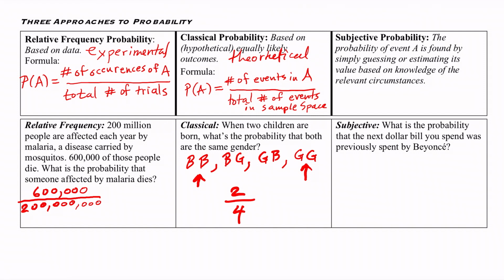In this example of subjective probability, what is the probability that the next dollar bill you spend was previously spent by Beyonce? Well, the best I could do here is come up with a very rough estimate, and I really have no way of testing it or determining whether that estimate is anything close to the actual value.